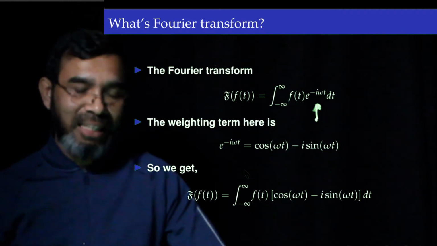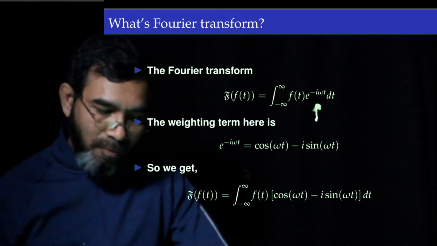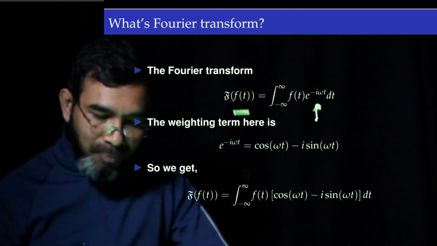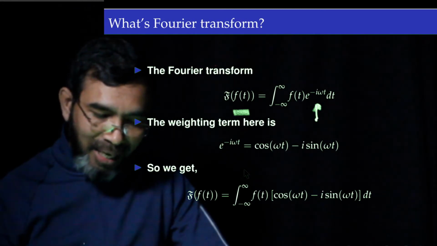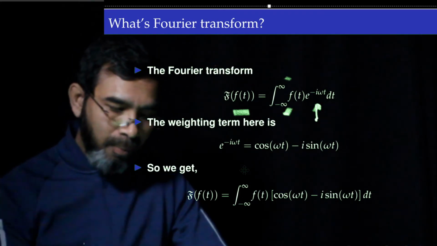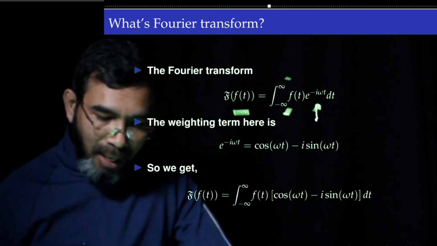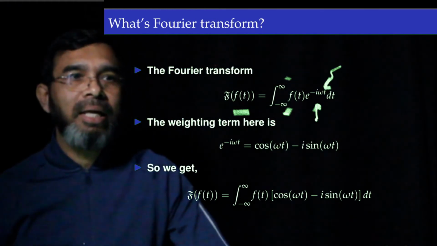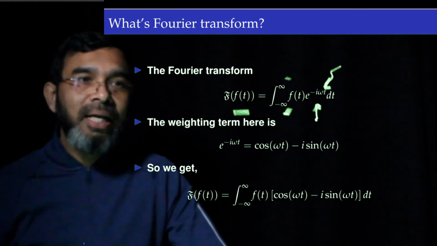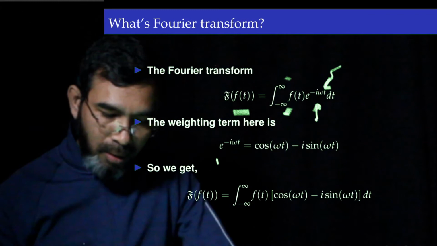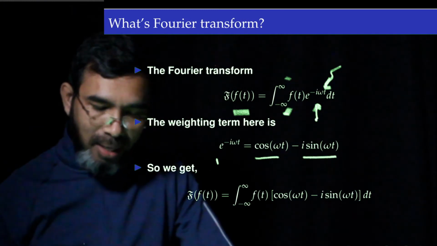So the Fourier transform of a function f(t) is nothing but the integral over the entire horizon, meaning negative infinity to positive infinity, and the weighting function here is exponential negative i omega t. Now what is this term e to the power negative i omega t? It is nothing but cosine omega t minus i sine omega t.